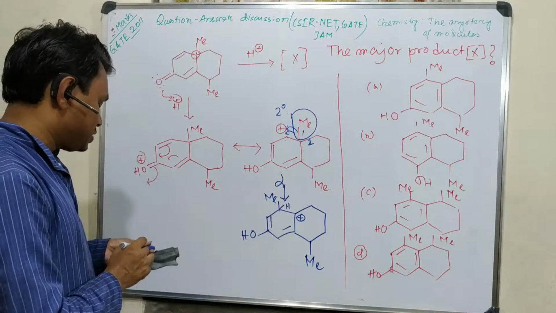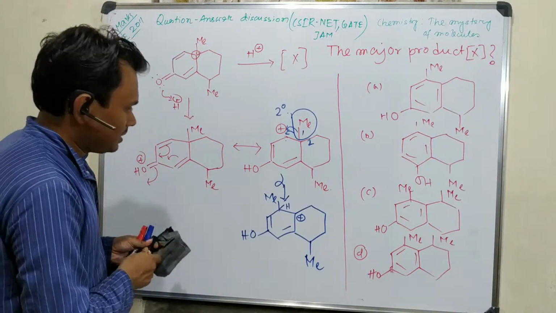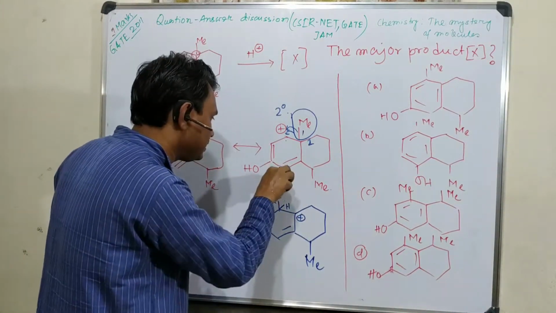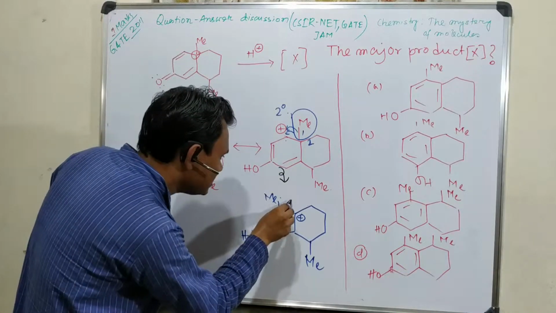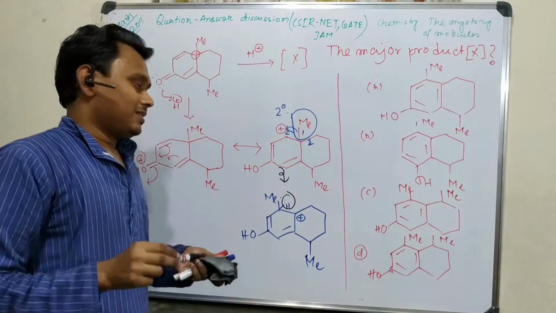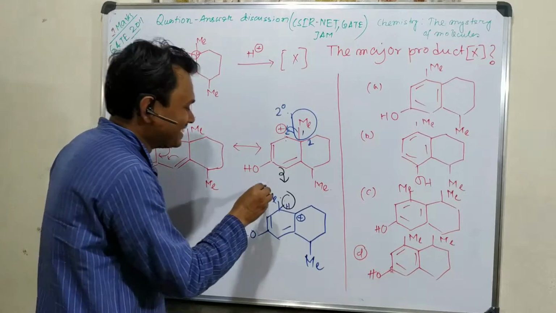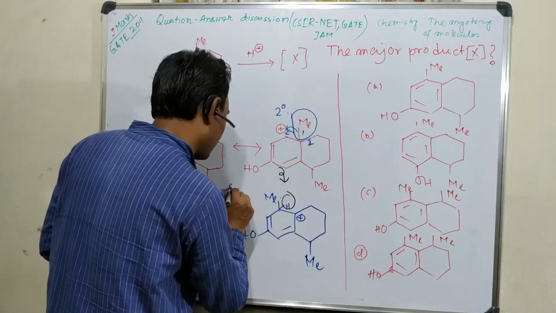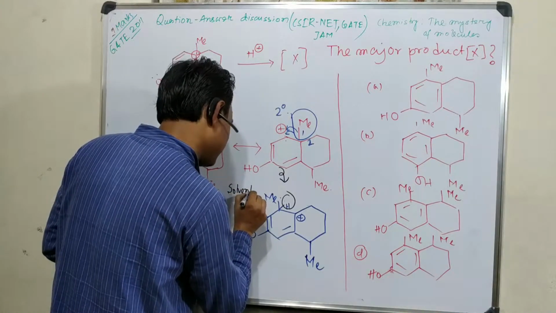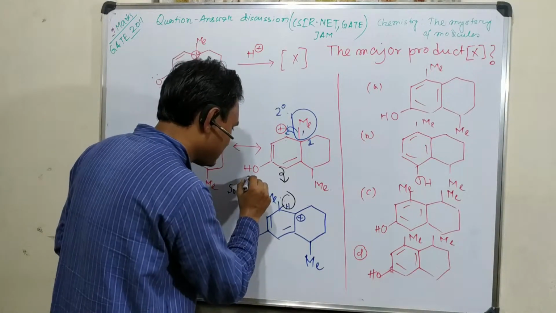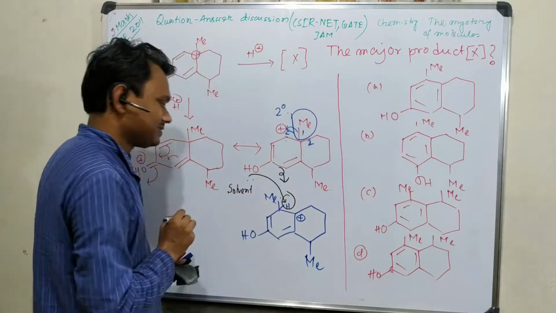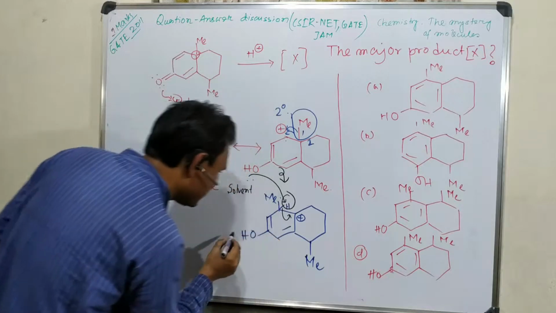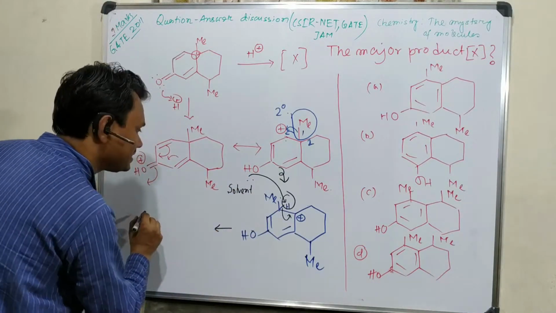Okay. And another option, let's clean it. Another option is that this proton, don't neglect it, because in the next step a base, for example the solvent molecules which have a lone pair, can abstract this proton and it will come here. So ultimately this molecule is getting aromaticity.